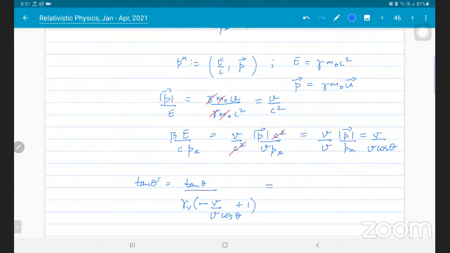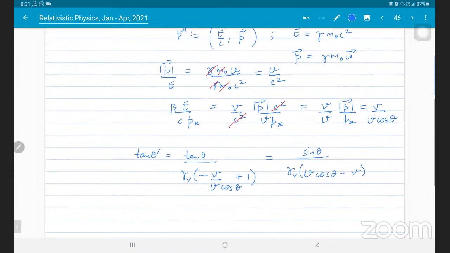Now you just multiply through, you will see that the cosine theta factor will cancel on the top and bottom, and you'll get sine theta over gamma v times u cosine theta minus v. Right.